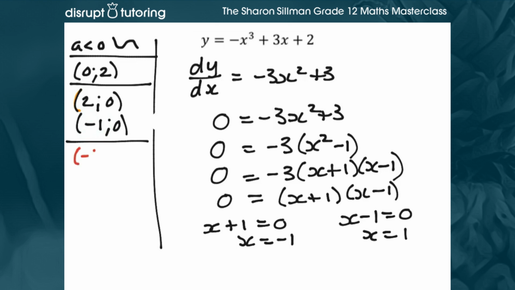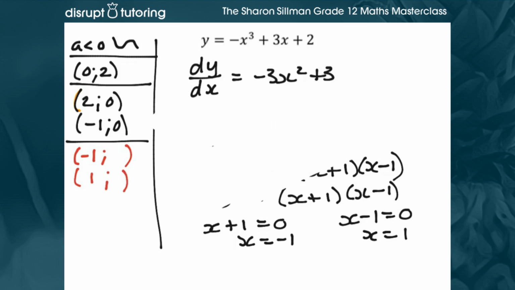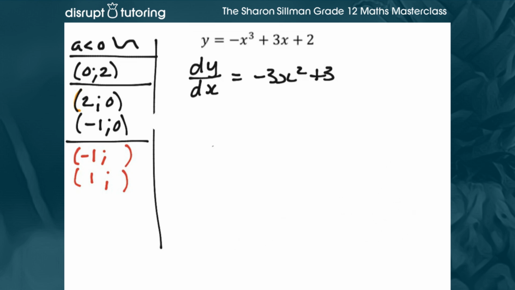But now we need to find the y-coordinate of those turning points. So we go back to our function to find the y number. So y is equal to, I'm first going to put the negative 1 in.